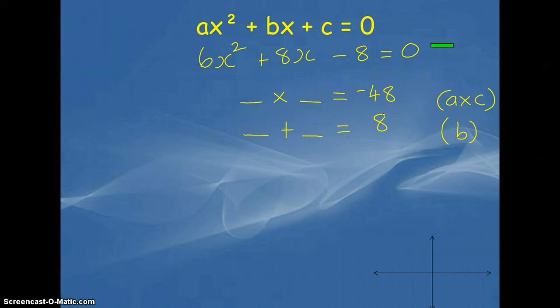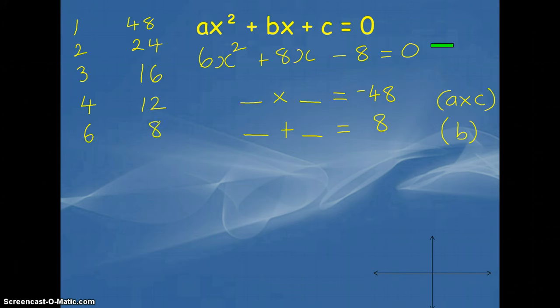Now, to answer that question, if you can't see what values would answer those two questions, what I suggest is that you write down the factor pairs of 48. Don't worry about the minus sign for a moment, but just write down the factor pairs of 48. So we have 1 and 48, 2 and 24, we have 3 and 16, we have 4 and 12, and we've got 6 and 8.